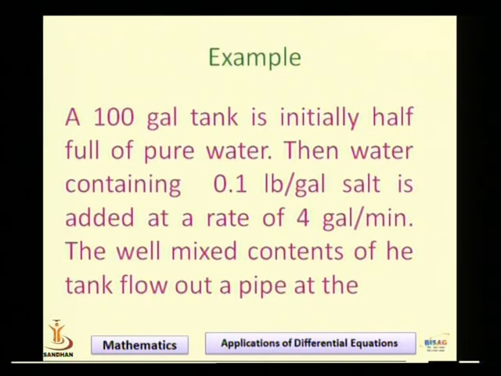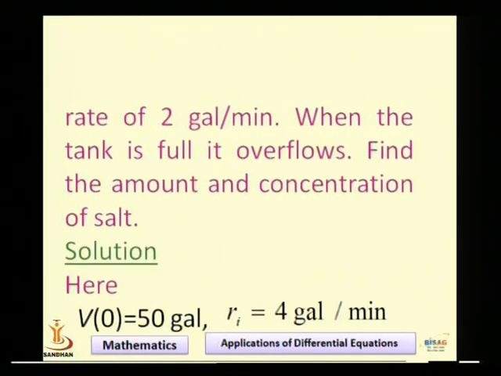Then the well mixed contents of the tank flow out through the pipe at the rate of 2 gallons per minute. So, inflow rate is 4 gallons and outflow rate is 2 gallons. When the tank is full, it overflows. Find the amount and concentration of salt. This is the question.